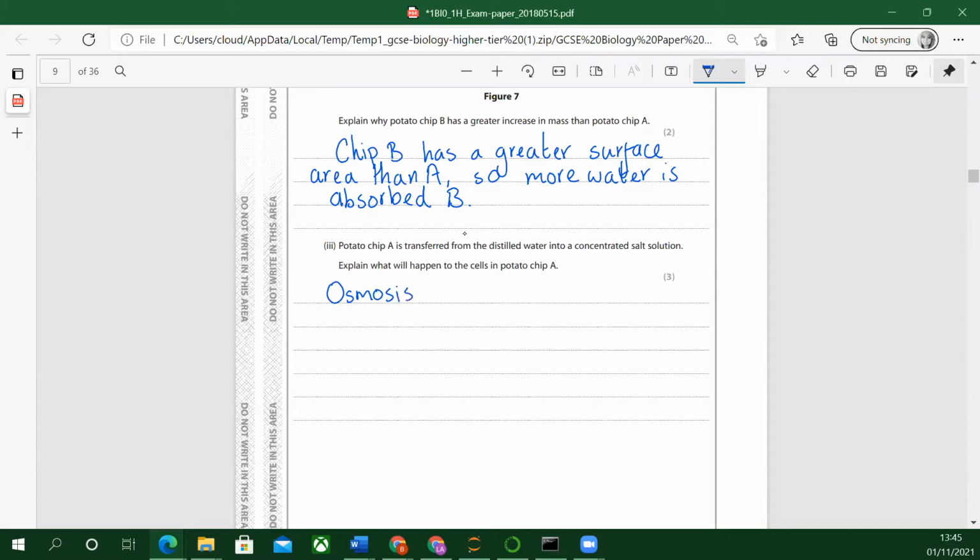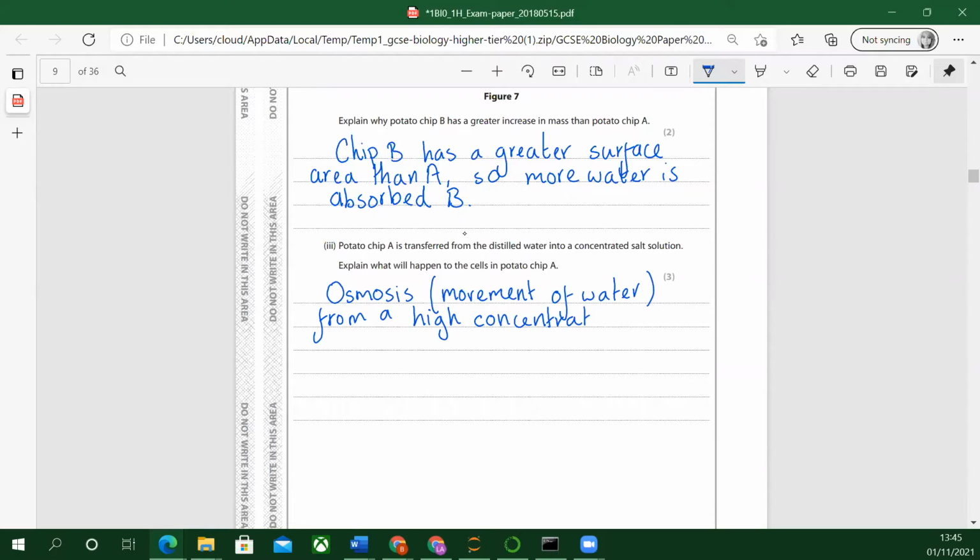So remember, osmosis is the movement of water, exclusively water, from a high concentration of water molecules to a lower concentration of water molecules. I keep saying that because it's exclusively for water.